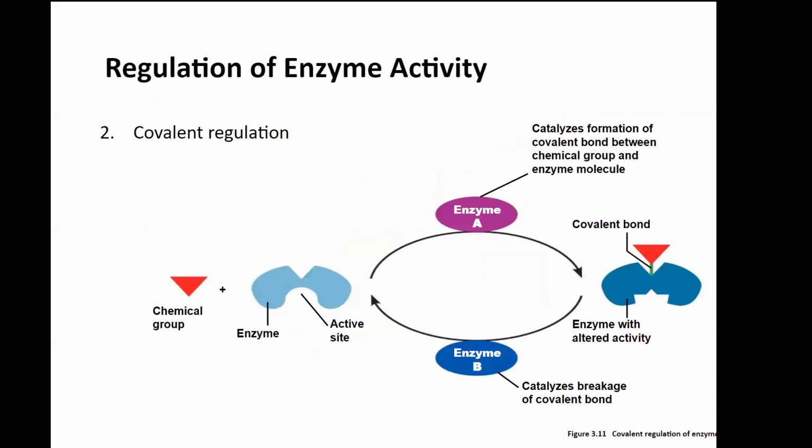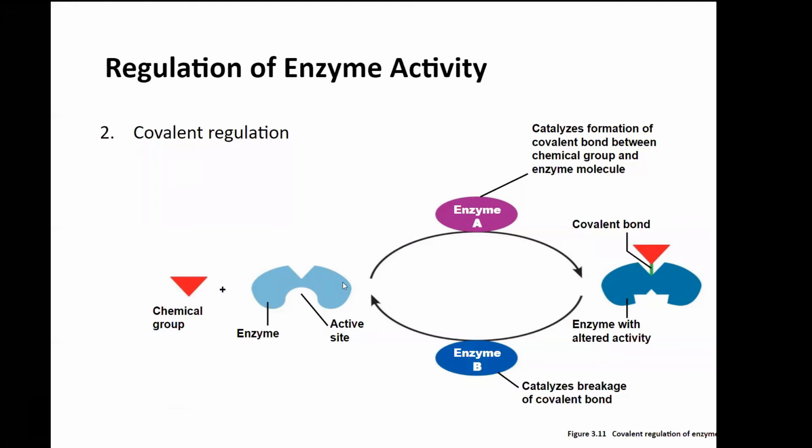Okay. Another type of regulation that we can see is covalent regulation. So covalent regulation works similarly to our allosteric regulation, but it's a little more specific. In covalent regulation, we'll have a chemical group that covalently bonds onto the enzyme.